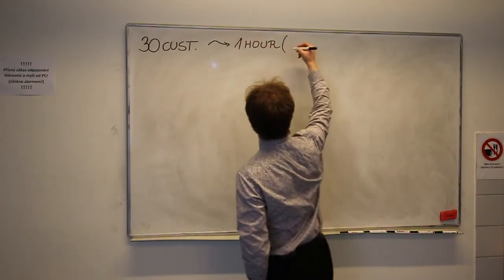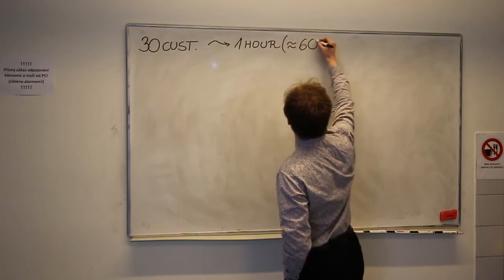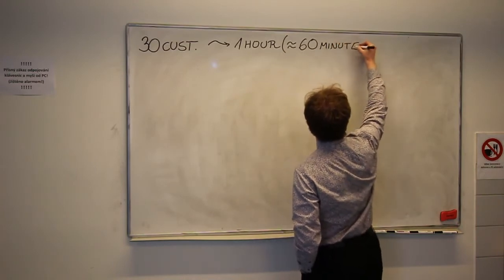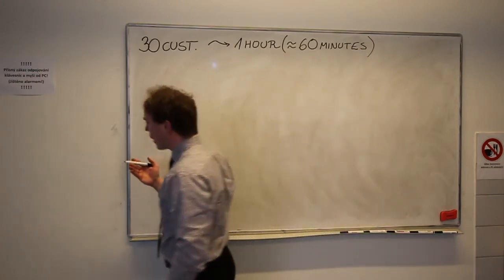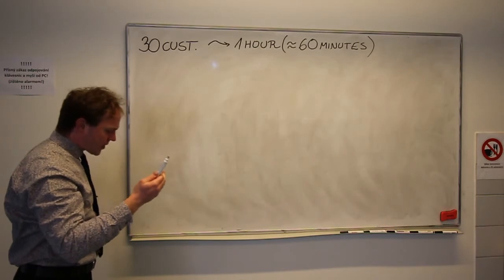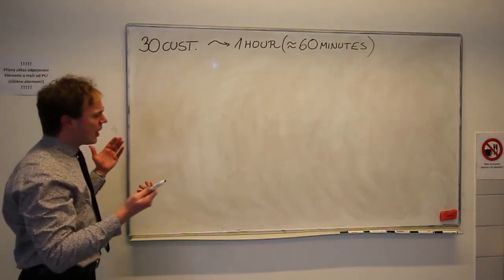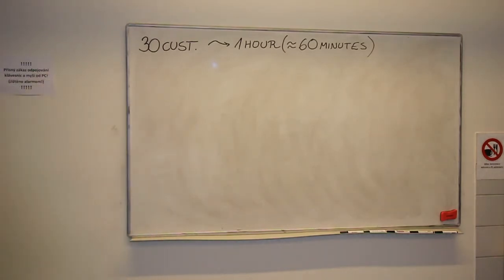And we know that 1 hour is equal to 60 minutes. Okay, so this we know, but we would like to calculate the probability that within 4 minutes you will see exactly 2 customers. I will check this example here one more time, exactly 2.